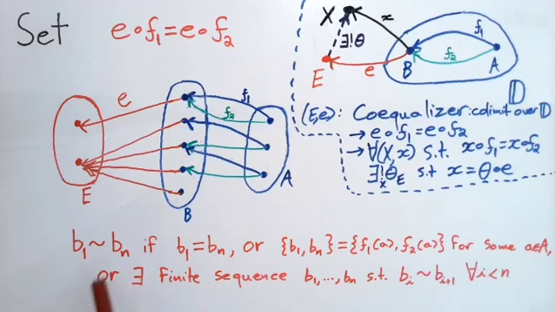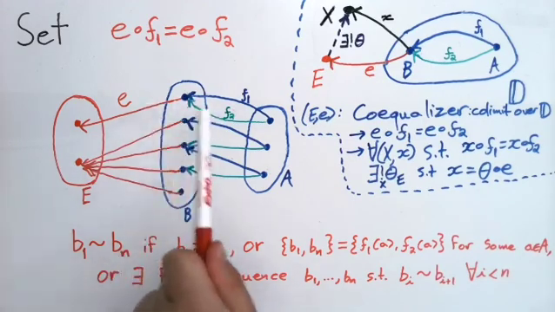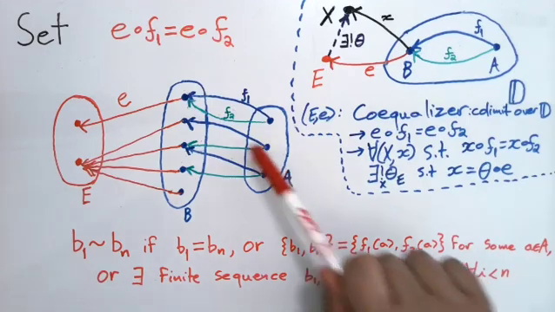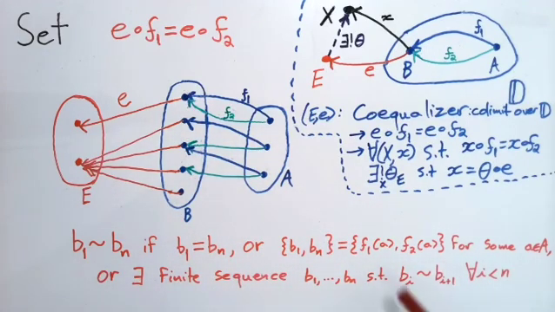So now we have an equivalence relation, so we can say that B1 and Bn are equivalent by tilde if B1 is equal to Bn, so that means every element is always in a grouping with itself. That's reflexive. Or B1, Bn equals F1 of A, F2 of A for some A and A. So that's the diverging case, and this is an obviously symmetric property.